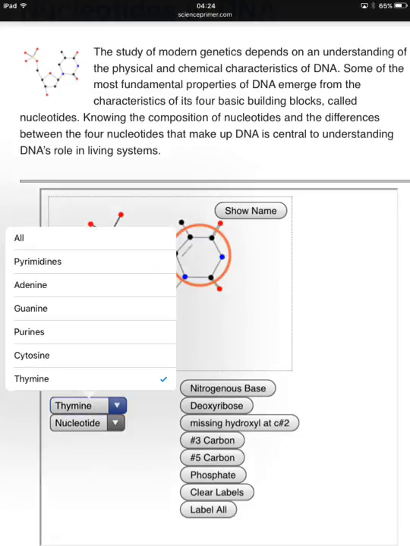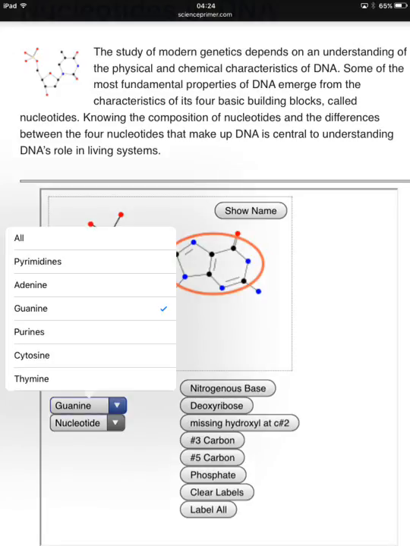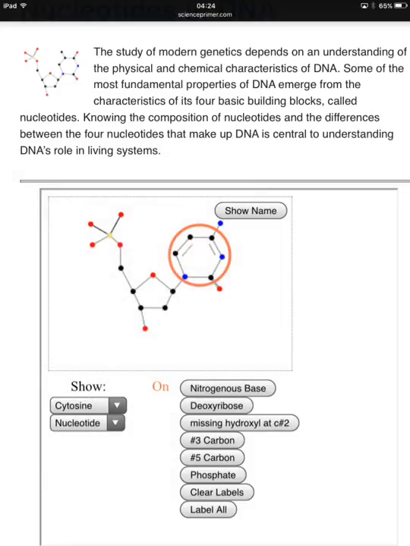If we look at guanine, we can once again see the two ring structure, which binds to cytosine, which is a one ring structure. So there's more of a feel for the way that the nucleotides are bound together away from our very basic boxy areas of phosphate group, deoxyribose sugar, and nitrogenous base.